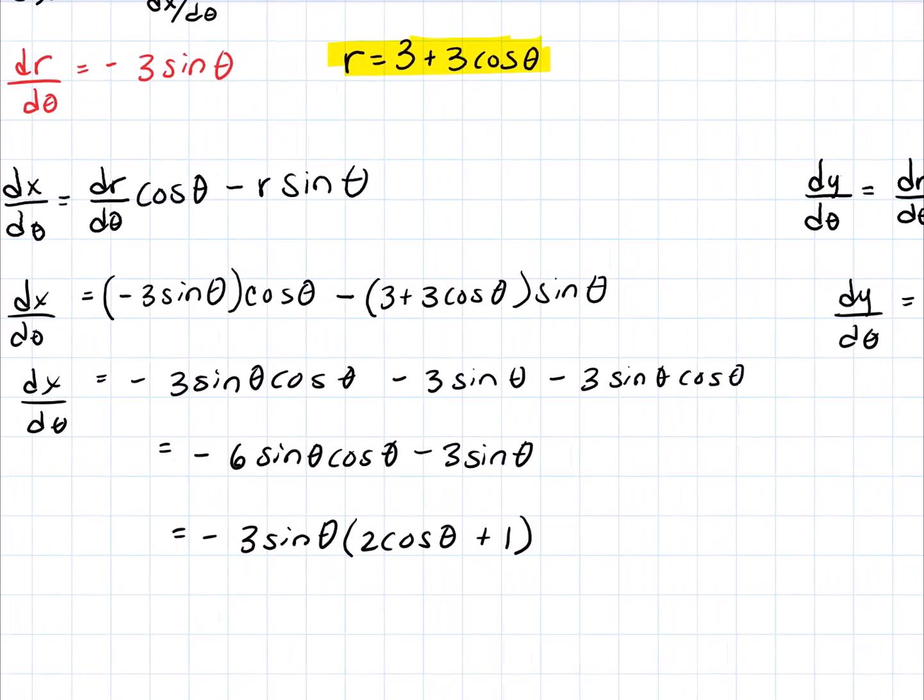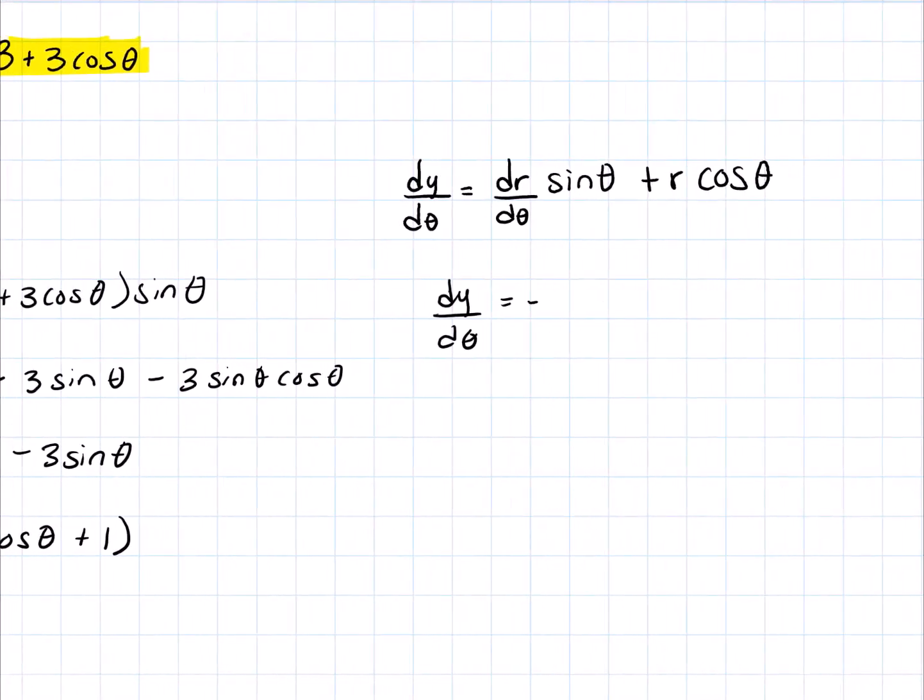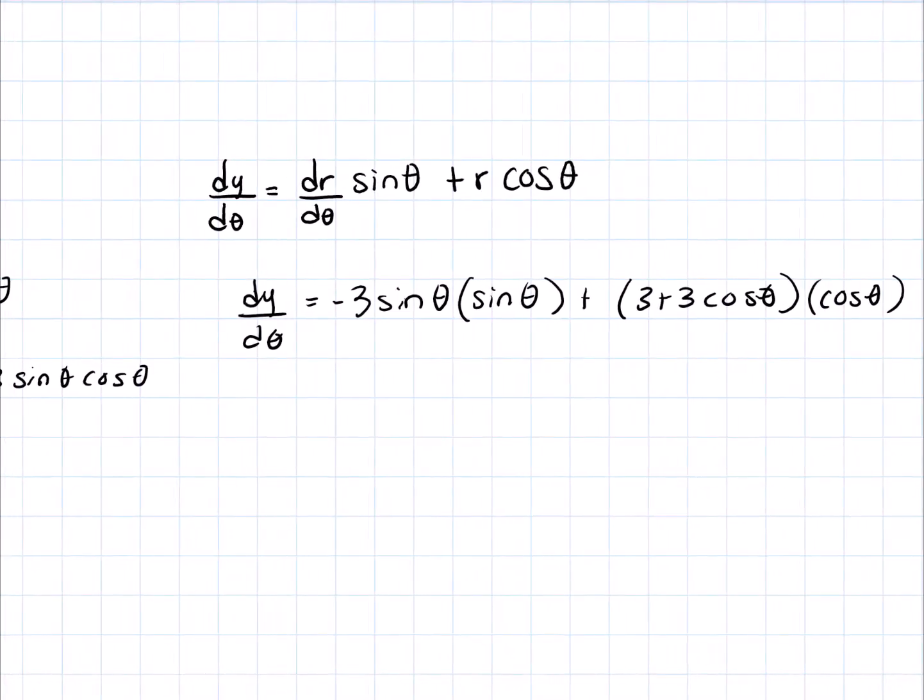dr/dθ was minus 3 sine theta times the sine of theta, plus r was 3 plus 3 cosine of theta times cosine of theta. And again, let's get this guy as simplified as we can. So this is minus 3 sine squared of theta plus 3 cosine of theta plus 3 cosine squared of theta here.